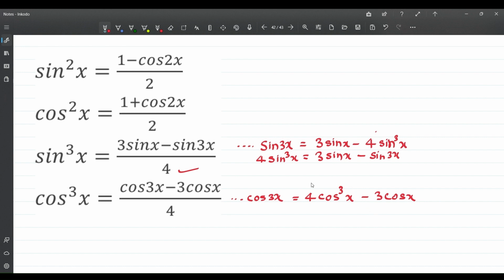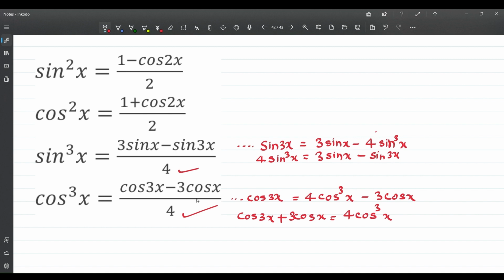This minus becomes plus on the other side: cos 3x plus 3 cos x is equal to 4 cos cube x. But we have to find only cos cube, so this 4 will get divided on the other side. So you can see here cos 3x plus 3 cos x divided by 4. This formula is derived from cos 3x.